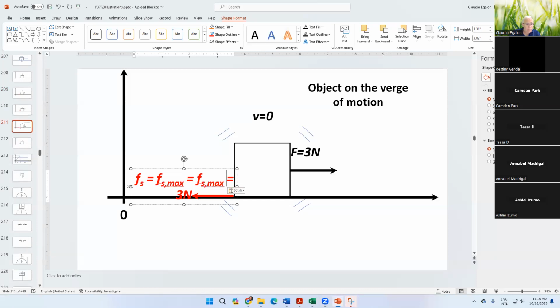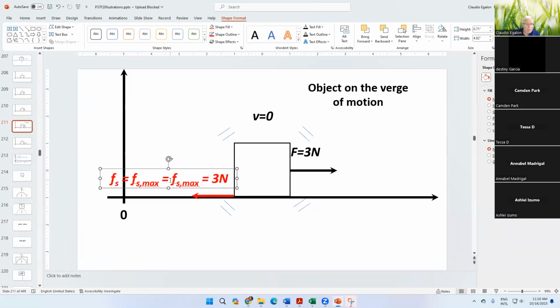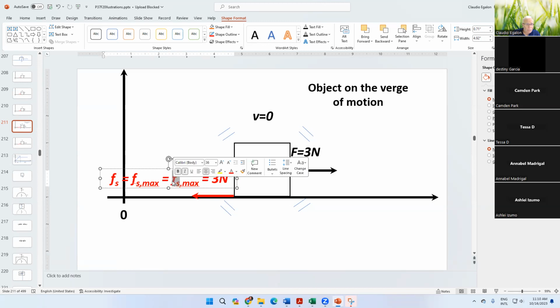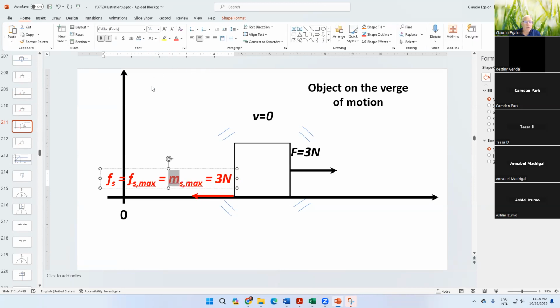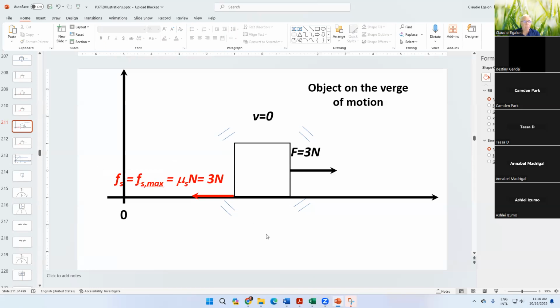And the relation is what? The relation is mu times n. It's not mu max times n. It's just mu s times n. Okay.